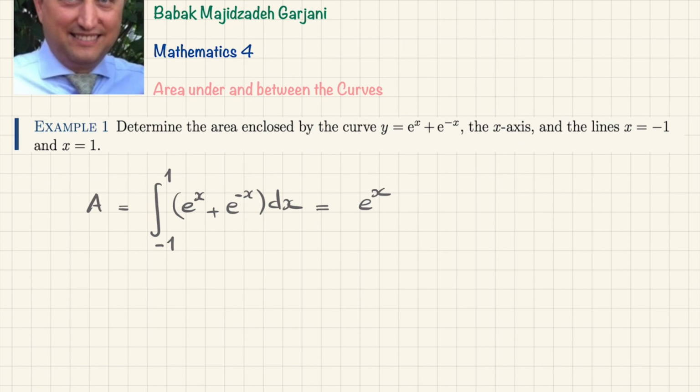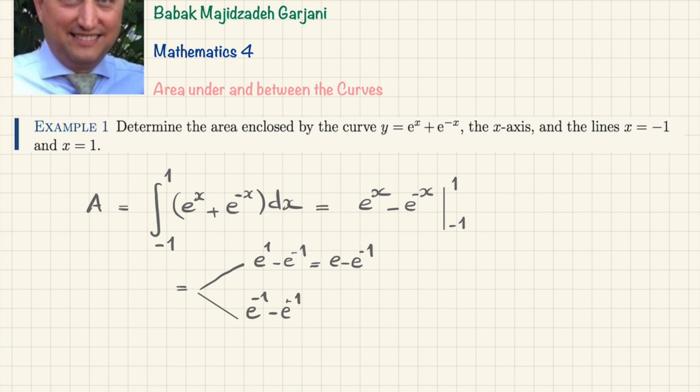A primitive function for e to the power -x is negative e to the power -x. And then I am supposed to calculate it between 2 limits from -1 to 1. So what I do, you can, for example, do it like this. You replace x with 1, so it is e minus e to the power of -1. You replace x with -1.